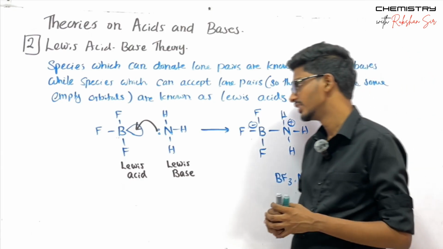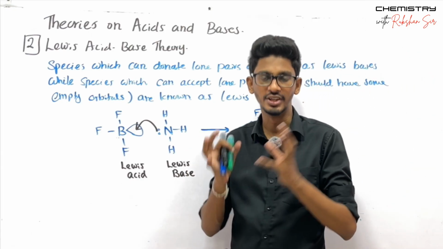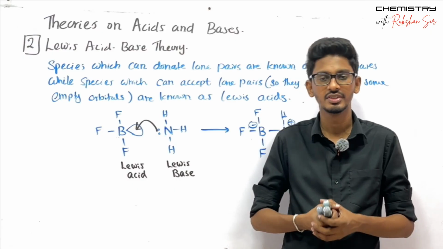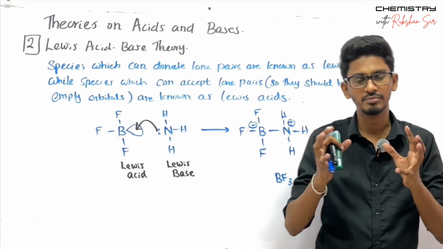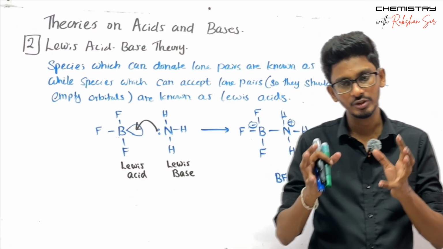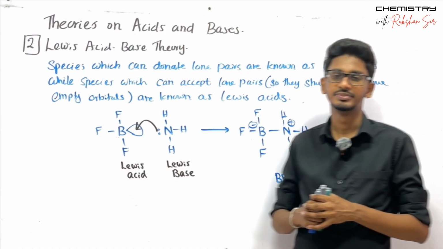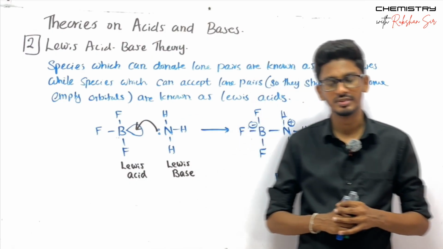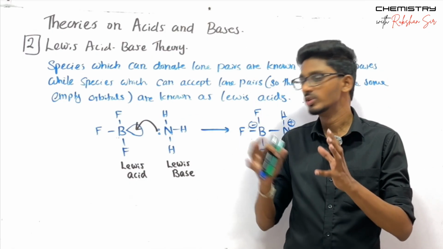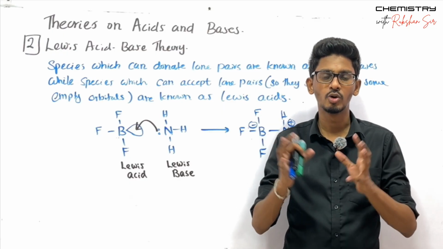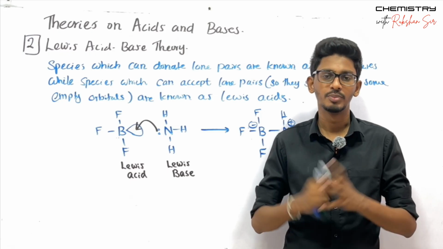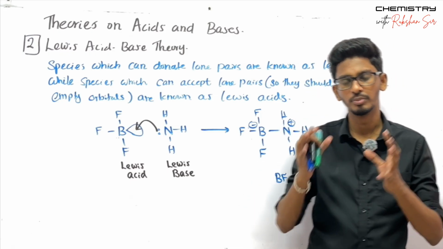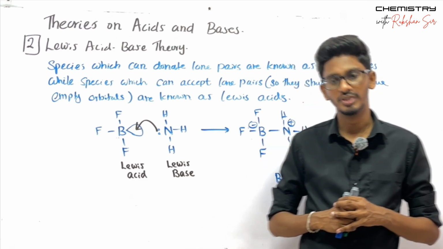In Arrhenius theory, to define acids they used H pluses: H plus releasing species are acids. And to define bases they used OH minuses: species which release OH minus are bases. But in Lewis acid-base theory, the focus is totally on lone pairs.